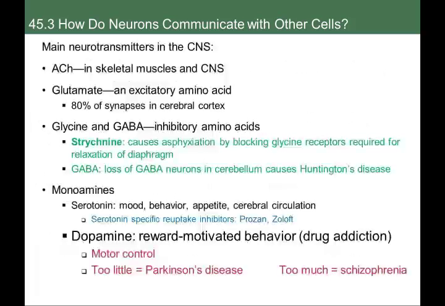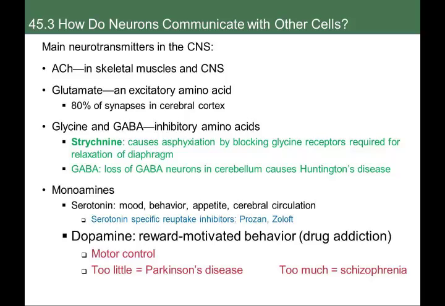Okay, so basically we have several kinds of neurotransmitters, and this is an extremely brief list in terms of the type and their functions. But in the central nervous system we have acetylcholine, and it's very important also in the action on the skeletal muscle system.